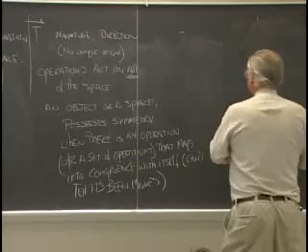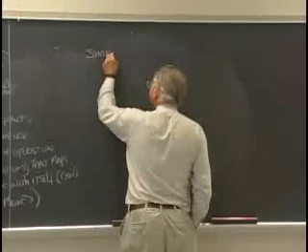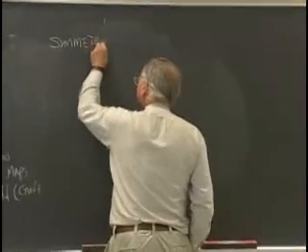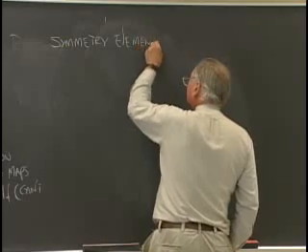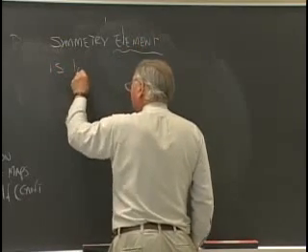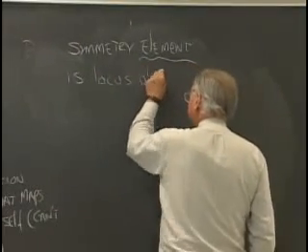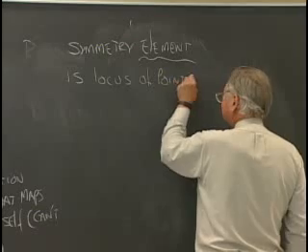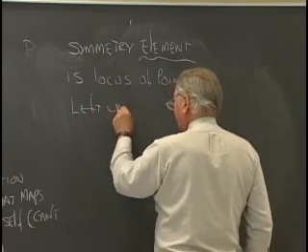Let me make another definition, and that is a symmetry element, another bit of terminology, is the locus of points that's left unmoved by the operation. Left unmoved or left invariant.